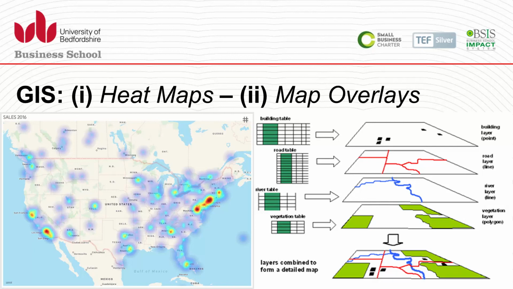An overlay basically creates a composite map by combining the geometry and attributes of the input data sets for different layers at the same time.